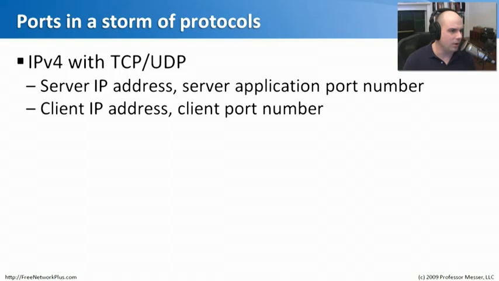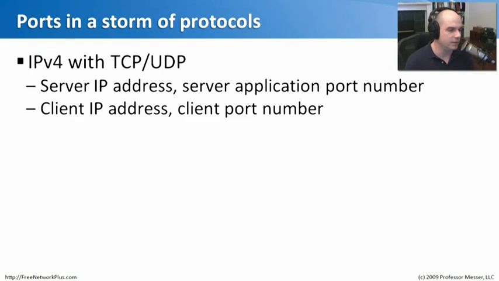When we look at protocols, IP version 4 uses these TCP and UDP ports a lot. These are the things you have to be able to communicate with IP version 4, whether you're using UDP or whether you're using TCP. It's one or the other, by the way. If you're running an IP packet, it's either going to have UDP in it or it's going to have TCP. It's not going to have both.